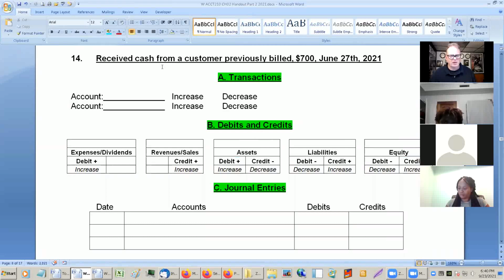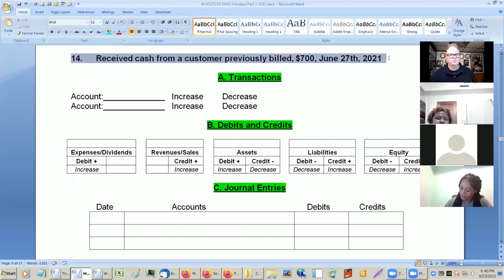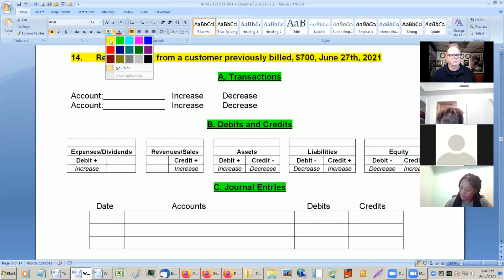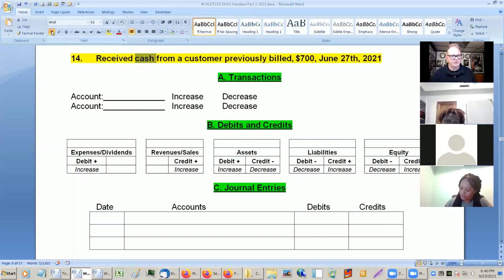So what accounts are we going to use? Cash and accounts receivable. Yes. We got the cash. Customer previously billed. We already sent them a bill, so that would be an accounts receivable. They owe us money.